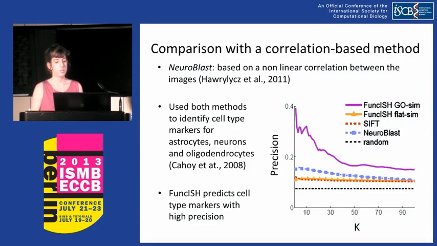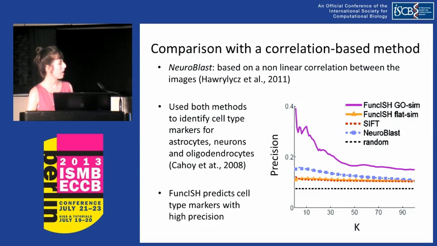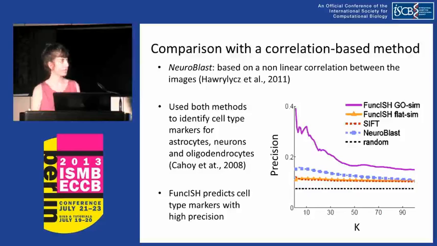And here you can see precision at top K scores. These are the top K similarity scores for pairs of images. As you can see, FuncISH Go similarity performs much better than other methods. It performs better than Neuroblast, the spatial correlation, also much better than the flat similarity score.